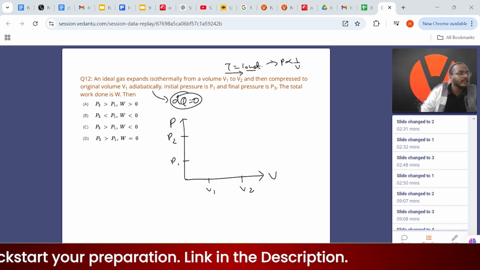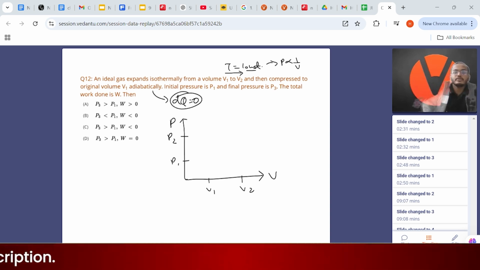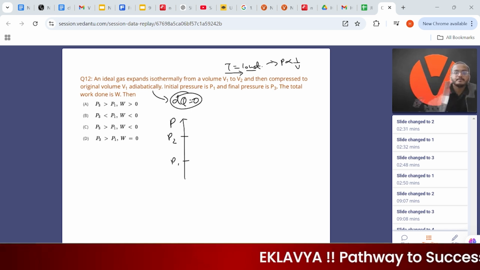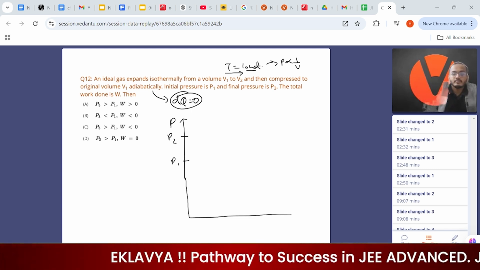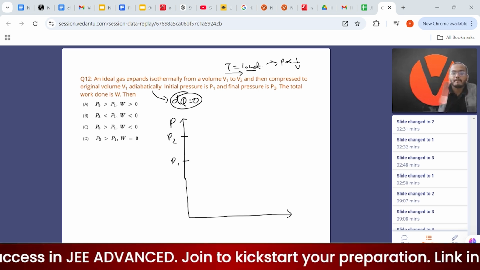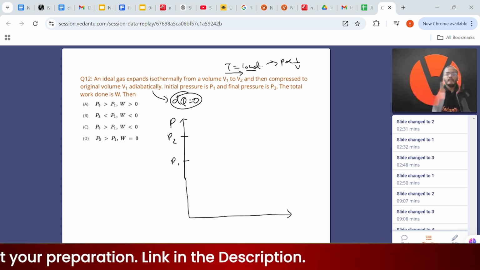Initially, let's say there was some pressure P1. Let me just draw this diagram again, a little bit bigger. So, P1, P2 and P3. So, final pressure is P3.